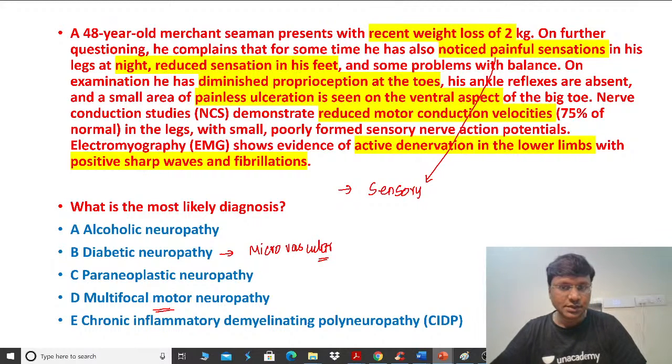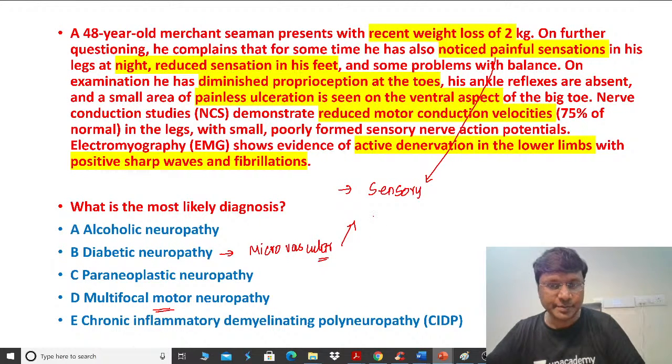Yes, the other microvascular complications apart from diabetic neuropathy include diabetic nephropathy, and the other one is diabetic retinopathy.